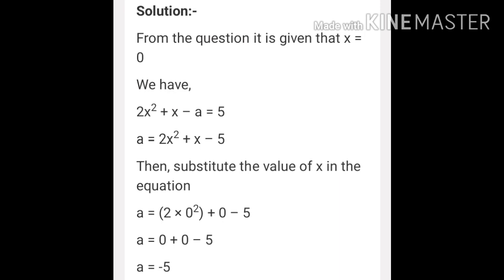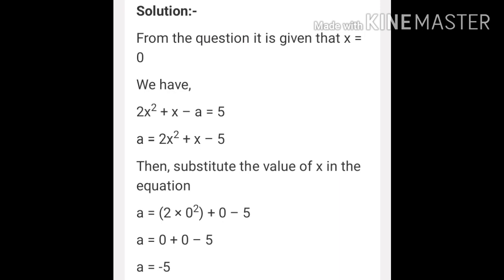So a is the variable which we have to write on the left, a is equal to 2x square plus x minus 5. As x is equal to 0, a is equal to 2 into 0 raised to the power 2 plus 0 minus 5. 0 plus 0 is 0. What is left over? Minus 5. So the value of a will be minus 5.